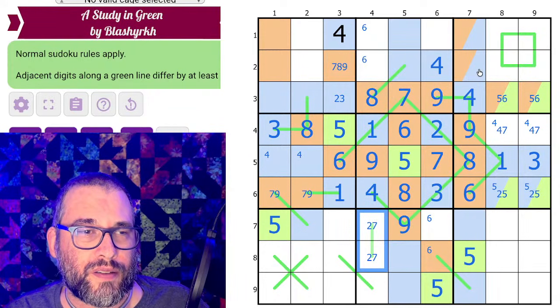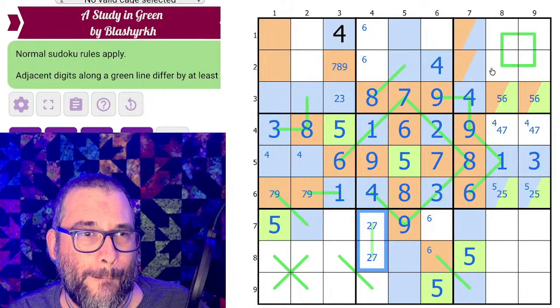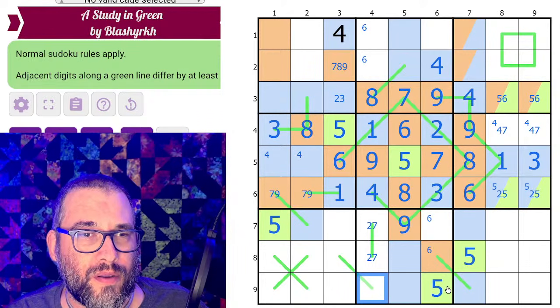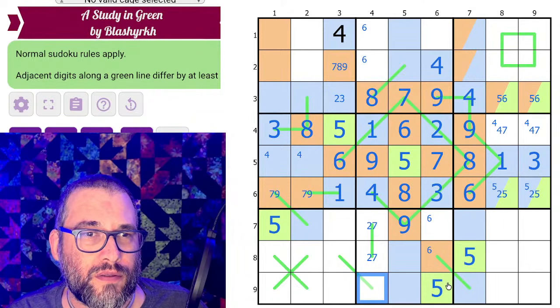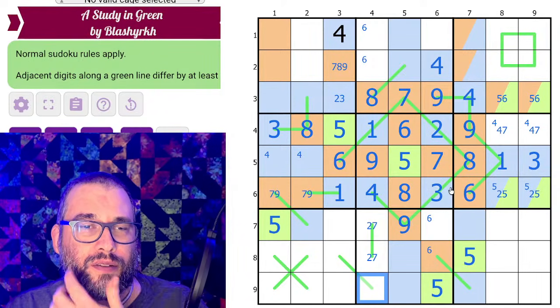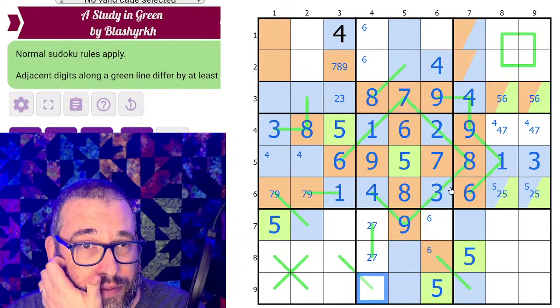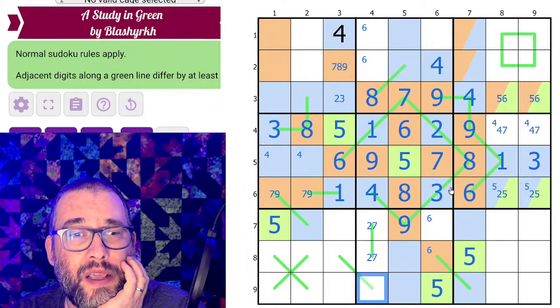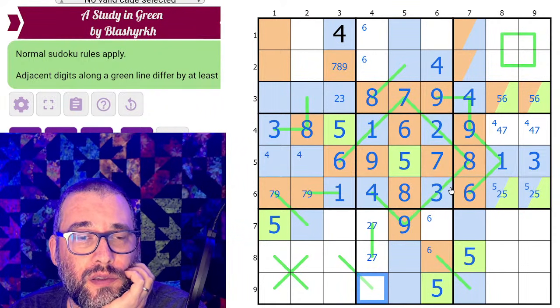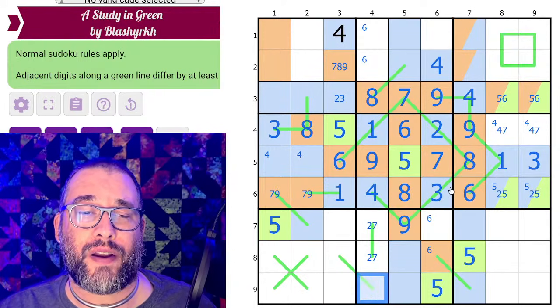Let's see. 9 in column 4. Oh, 5, could be 3. It's not 6. Yeah, it's 3. Very nice.